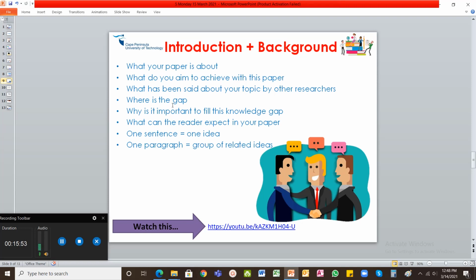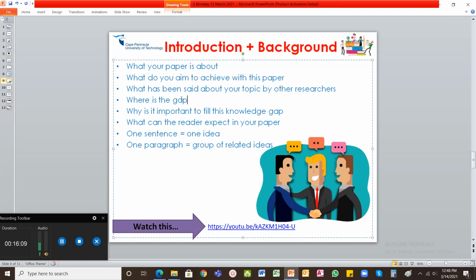And where is the gap? So if everybody has said this, where is the gap? That's basically what people have not been saying that you feel is important. And then why is it important to fill this gap?